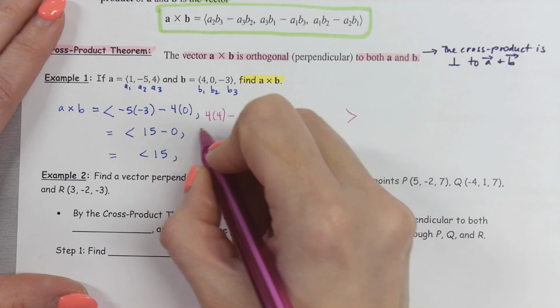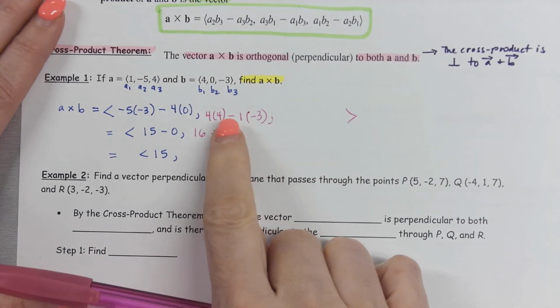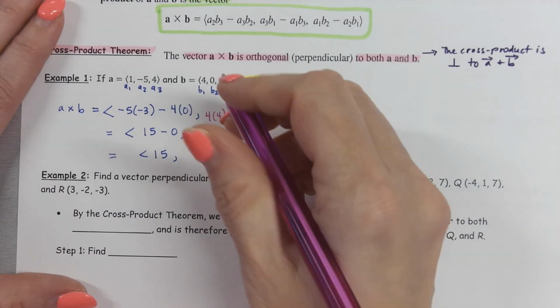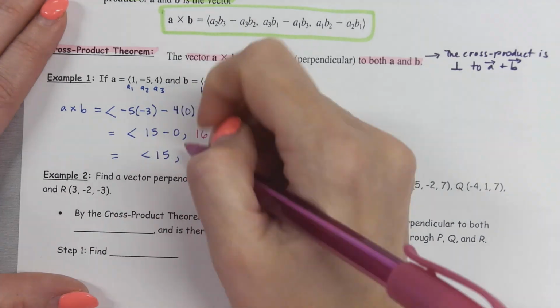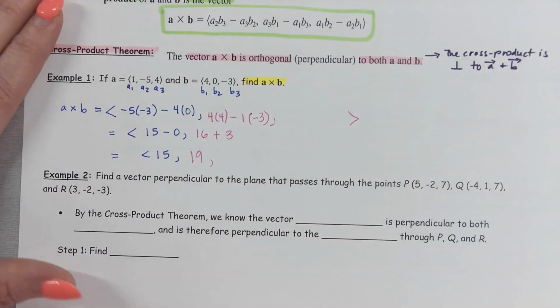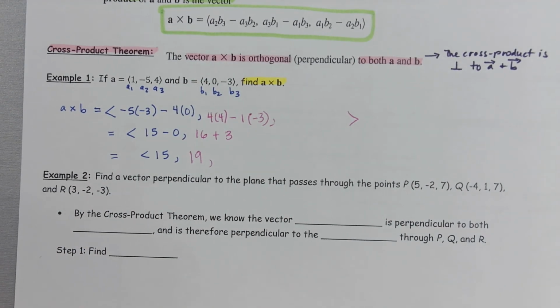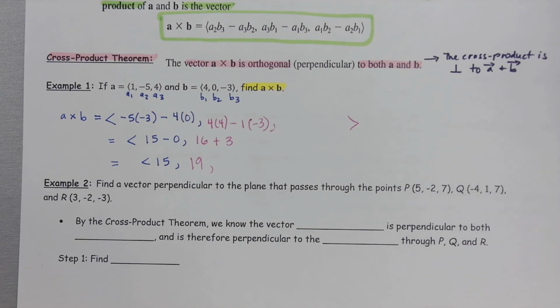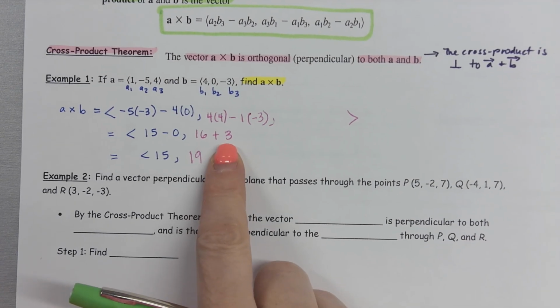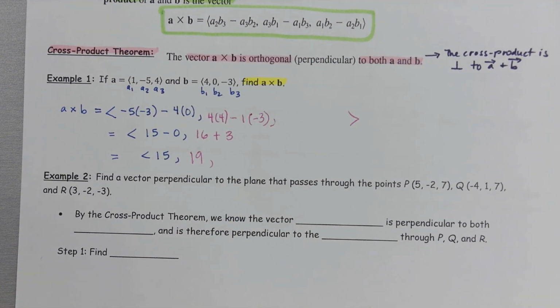So here we're going to have 16 plus, and then the negative times the negative is going to be a positive 3. So you should have 19 here. Did you write that as plus 4? Okay. That's what my other class did too.